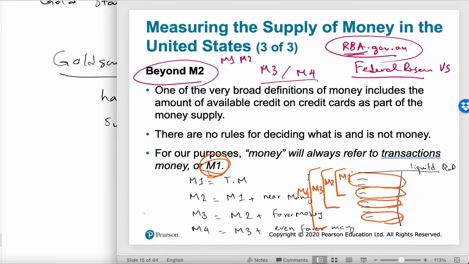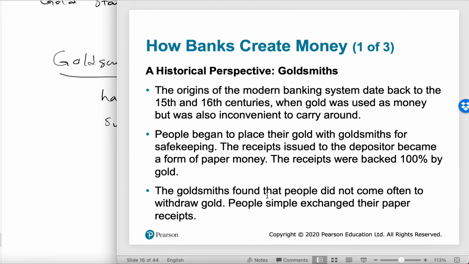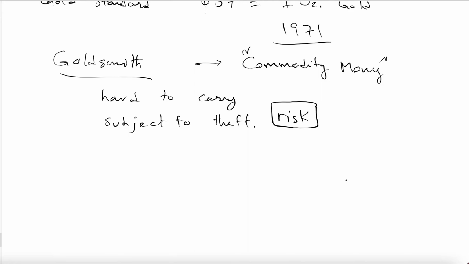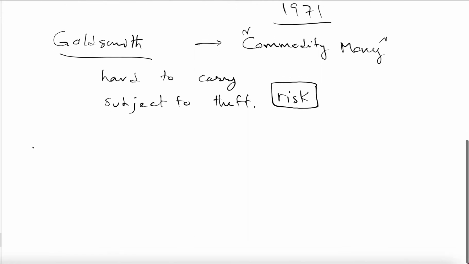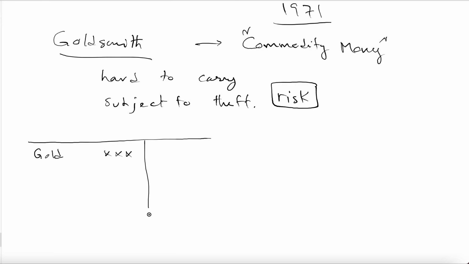Oops, what happened? Goldsmiths found that people did not come often to withdraw their gold. They noticed that they had plenty of gold in the box. So this is the gold in their assets, and in the liabilities they write, for Ali, this much.